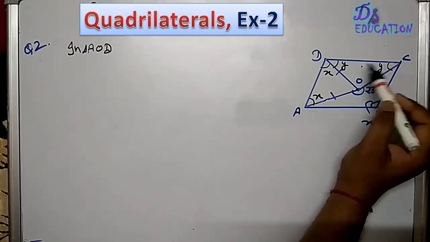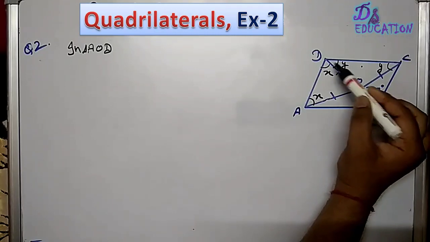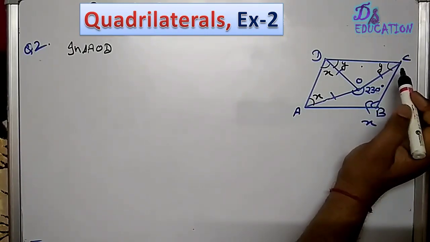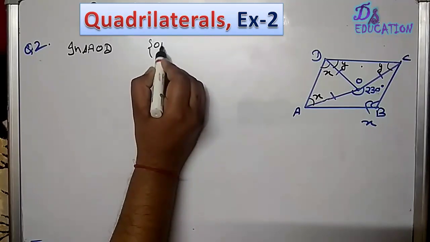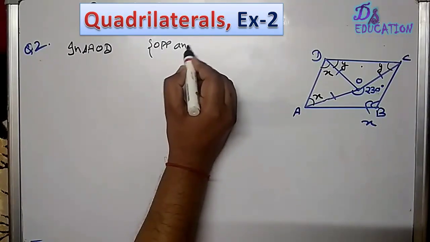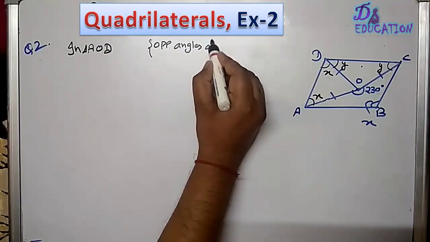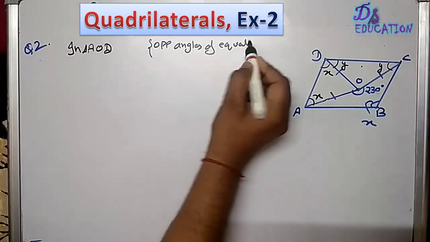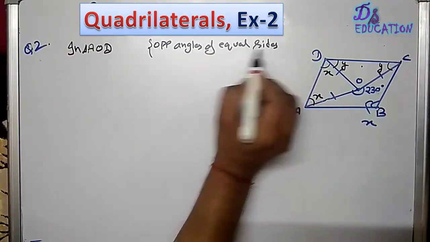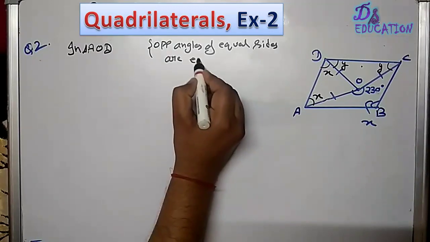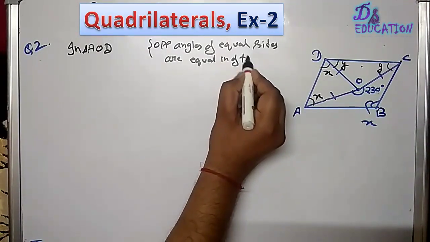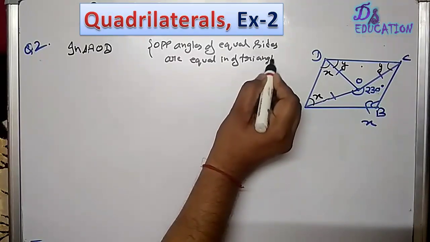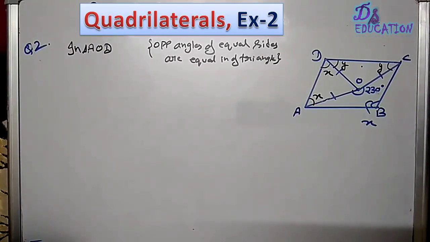If I take this y, this will also become y. Why? Because opposite angles of equal sides are equal. Here I will use the property that opposite angles of equal sides are equal in a triangle. This is the property which we have used.